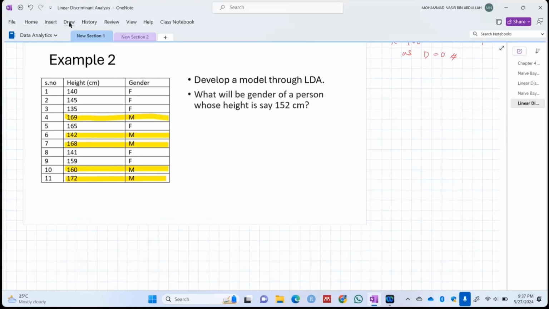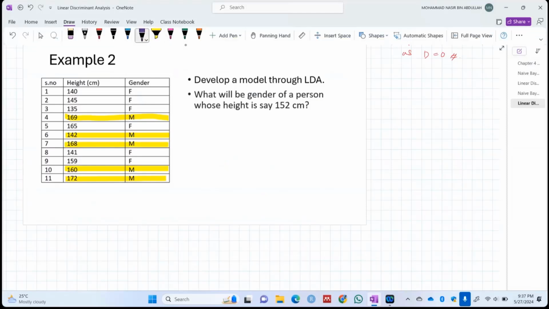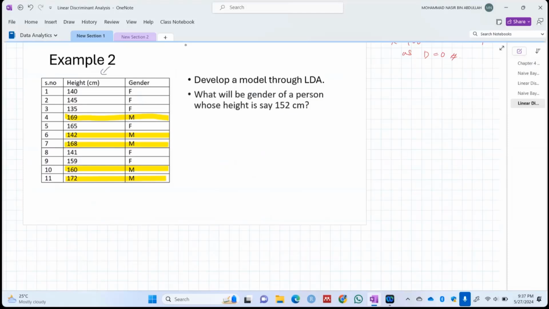We want to perform a linear discriminant analysis for one predictor and predict whether 152 is male or female. So first step, mu male should be equal to 169 plus 142 plus 168 plus 160 plus 172.